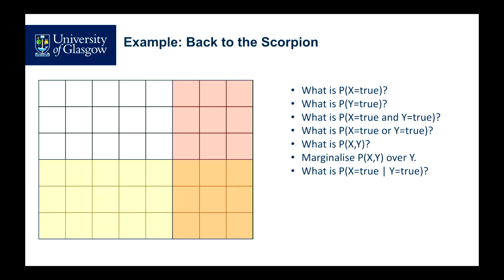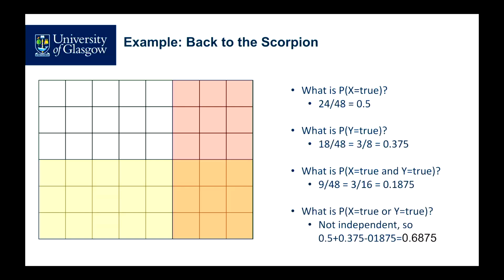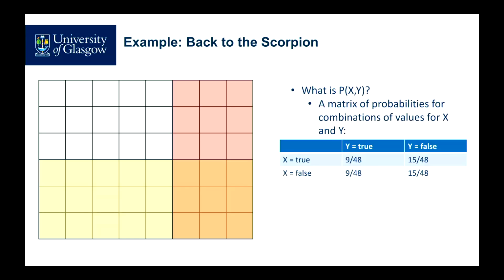It's 9 out of 48. Okay. So all of those things are really quite easy to calculate, just by hand, looking at this simple case. Right. So there I've put those calculations so you can look at them a little bit afterwards, as a confirmation of whether you've understood all of those things correctly.